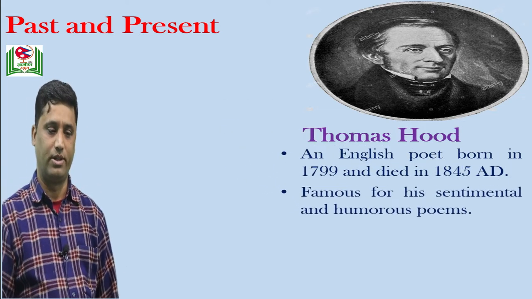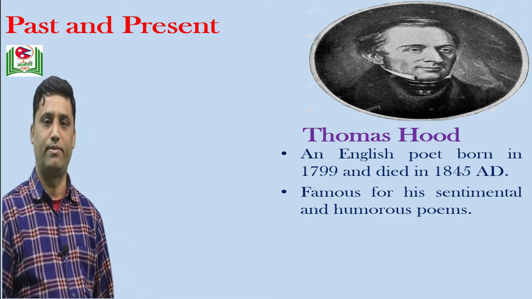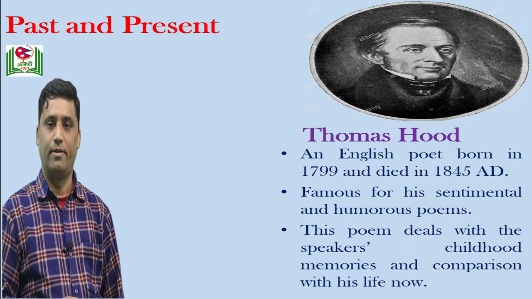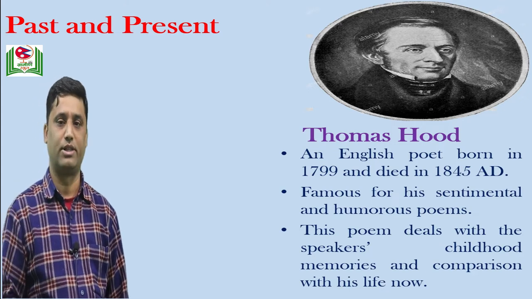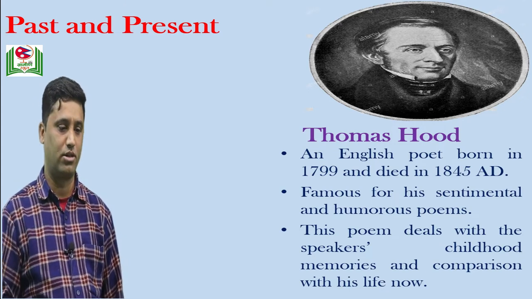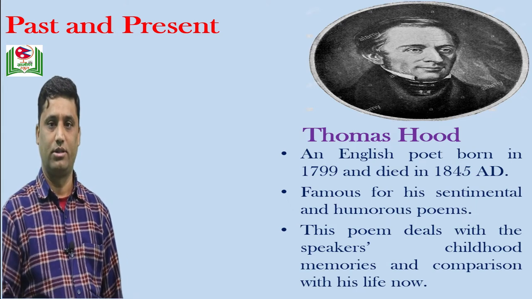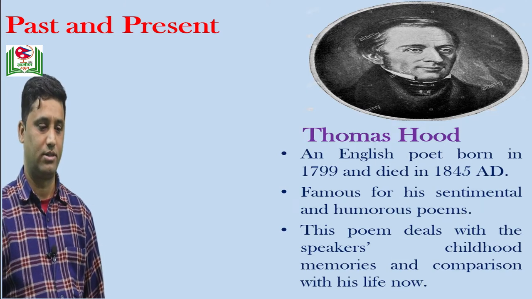He is very famous for his sentimental poems, and he also wrote many humorous poems too. Mainly today, in the poem entitled Past and Present, the poet is talking about his childhood memories. He is discussing his childhood days, right?